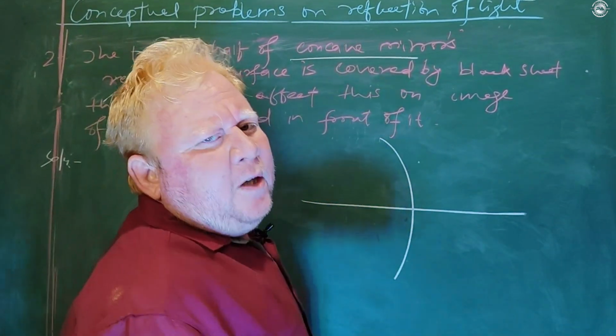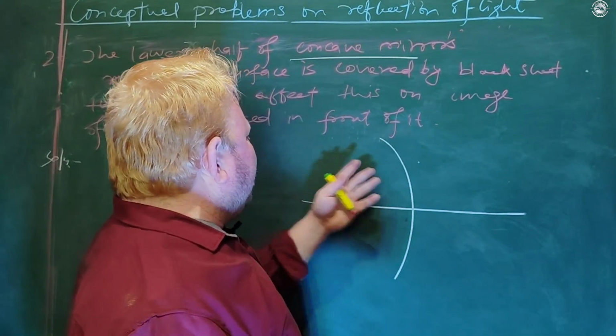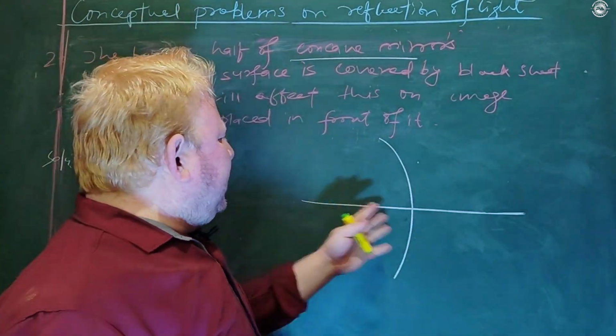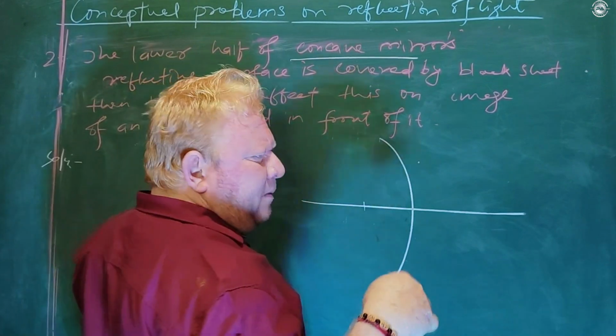You have seen all possible cases of image formed, and how the nature of the image differed in different cases, right? So one of the cases I am taking just to make you understand.